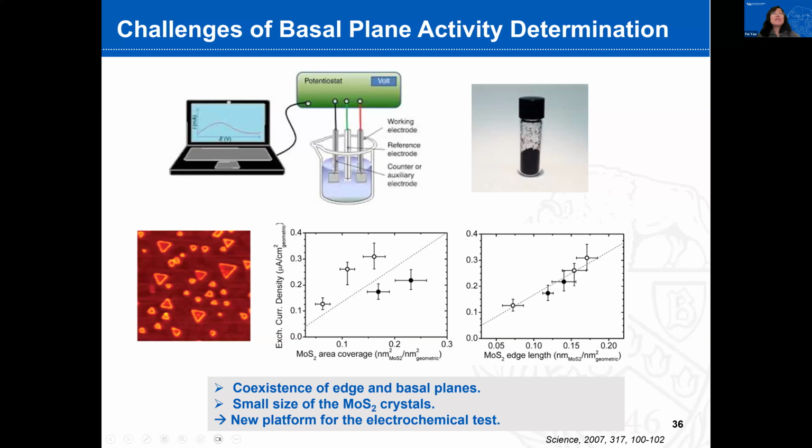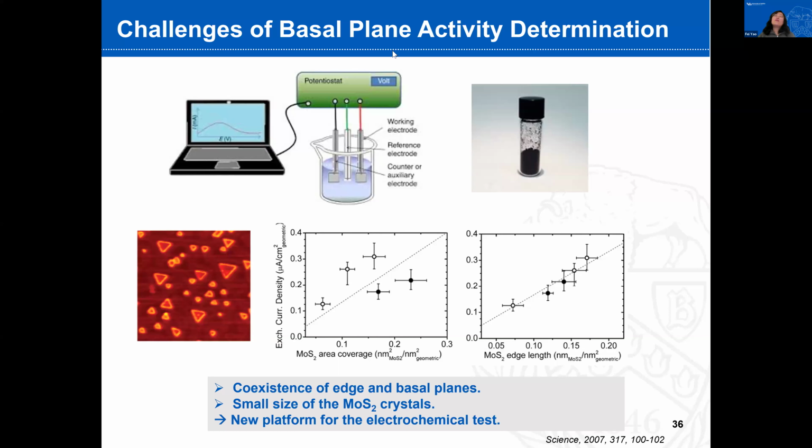So now let's come back to the CVD growth sample and how we can use it for the HER study. First of all, I want to mention that using wet chemistry processes, we usually produce powder-like samples, which means you will have a coexistence of the edge and the basal planes. So determining the basal plane activity is challenging due to the presence of the edge planes.